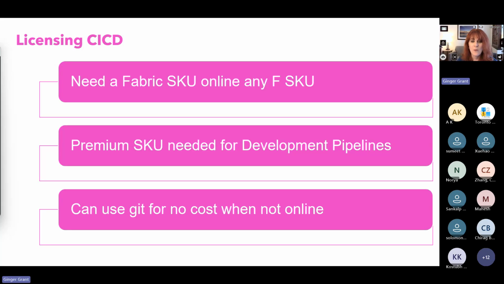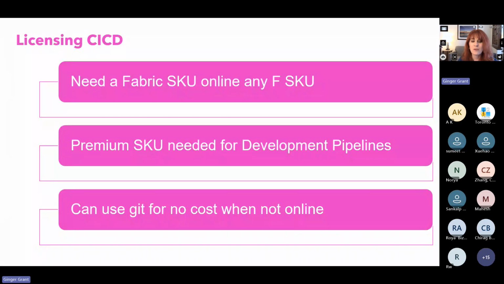So just having Power BI Pro or E5 is not going to cut it inside of the service. You also need a premium SKU if you want to create development pipelines. Microsoft has retired the premium SKU, so that is an F64 SKU. That is what is required if you want to use development pipelines. If you're thinking, I don't know if I want to use a development pipeline, I will get into it so you can find out if that is something that you want to do. So we'll talk more about those.